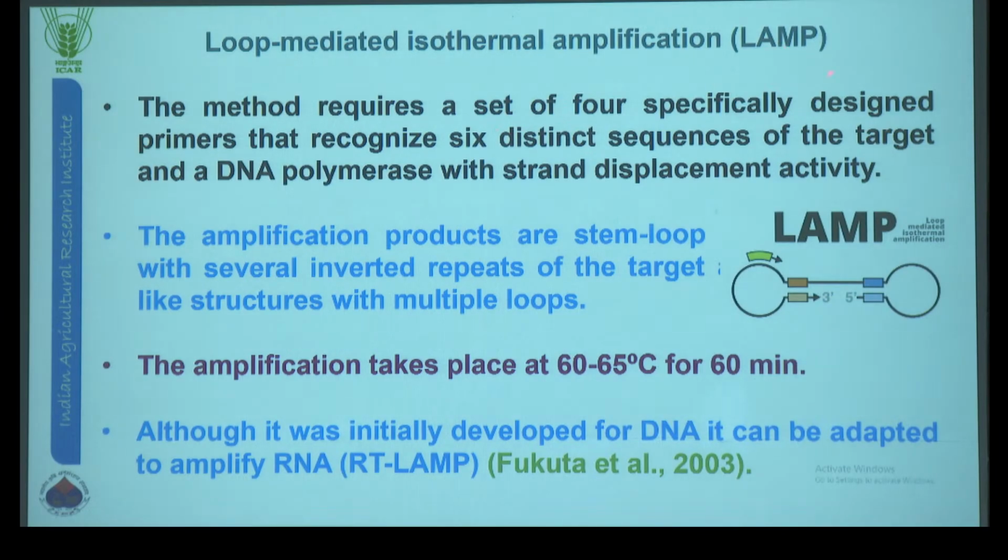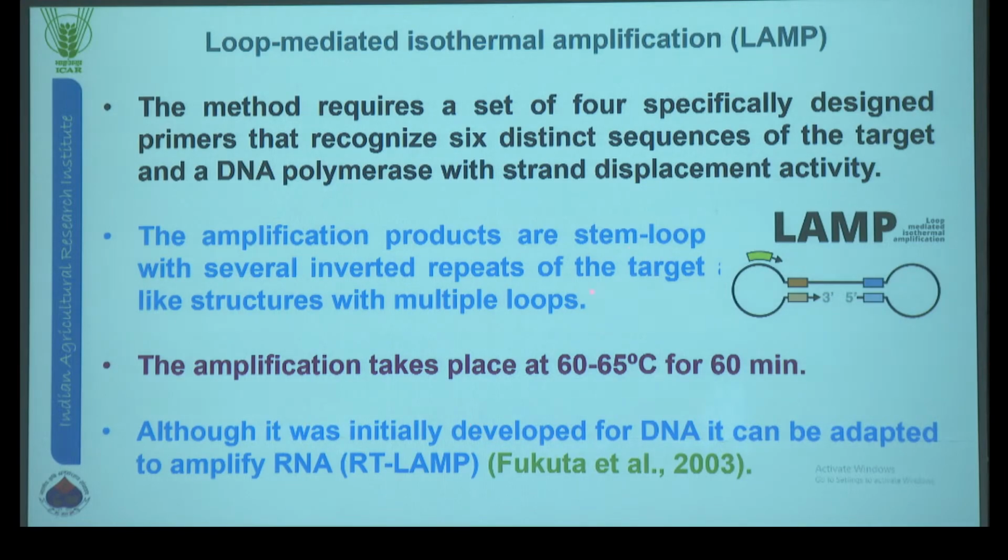LAMP means loop mediated isothermal; a 3 prime, 5 prime loop will be formed. The products are stem loops with several inverted repeats of the target, like structures with multiple loops, and amplification takes place at 65 degrees for 60 minutes. I will tell the methodology also.